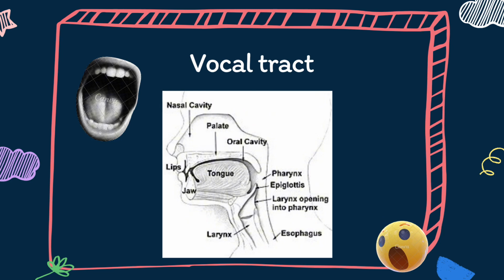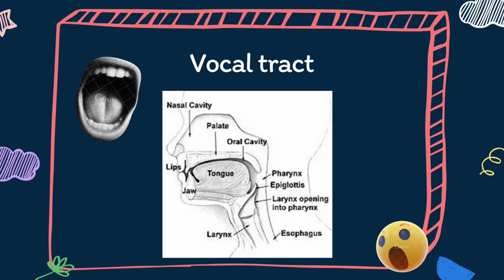Next, the thing that we have is the oral cavity, and the oral cavity has a lot of things. Here we can find the hard palate, the soft palate that is also called the velum, the teeth, the alveolar ridge, and the tongue, also the lips. All of these help us to vocalize into words.